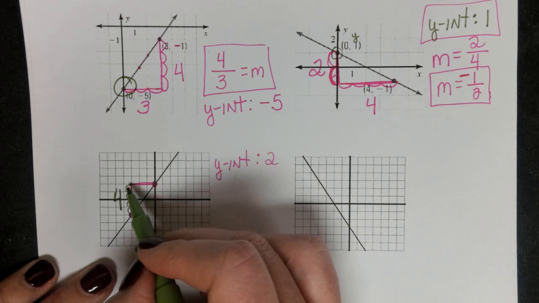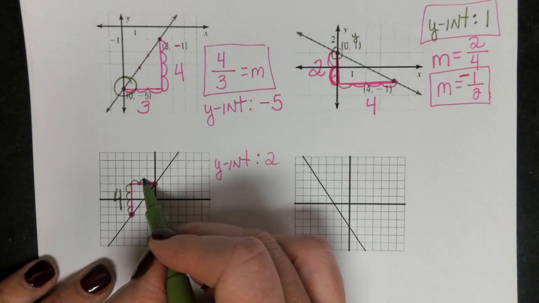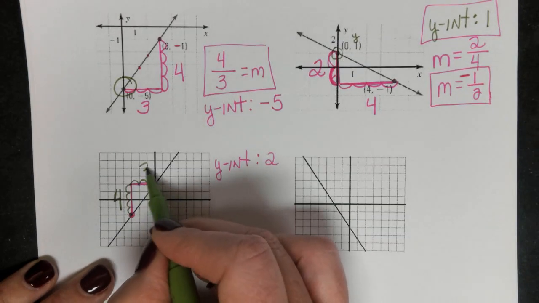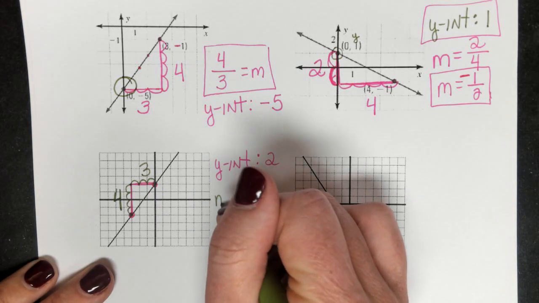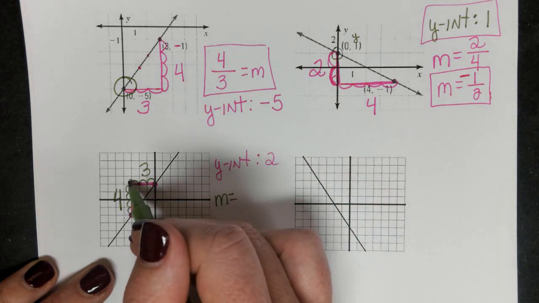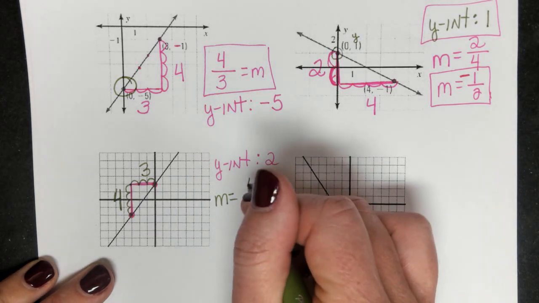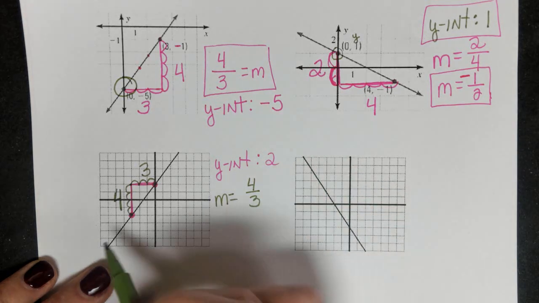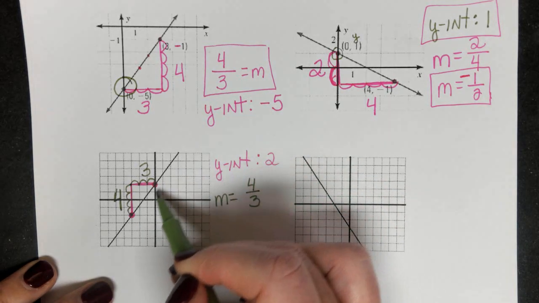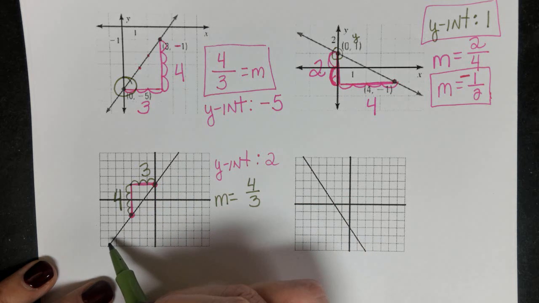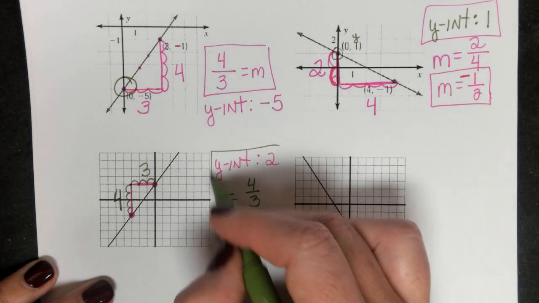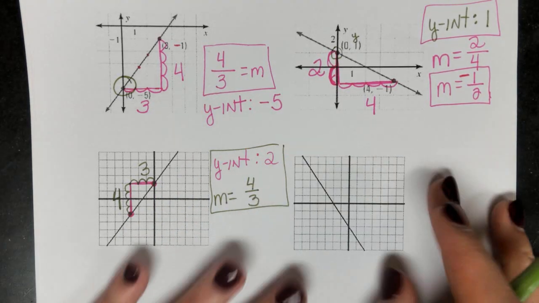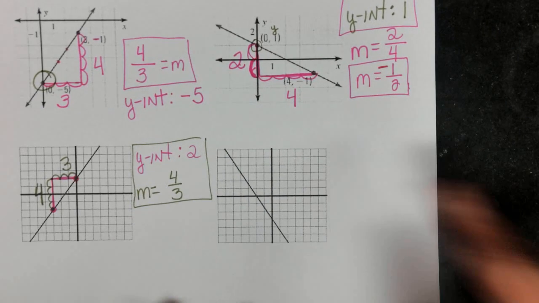Okay, and then your run. 1, 2, 3. We do the rise over the run, so it'd be 4 over 3. And then is this a positive or negative slope? Hope you said positive. So there is my slope and y-intercept.